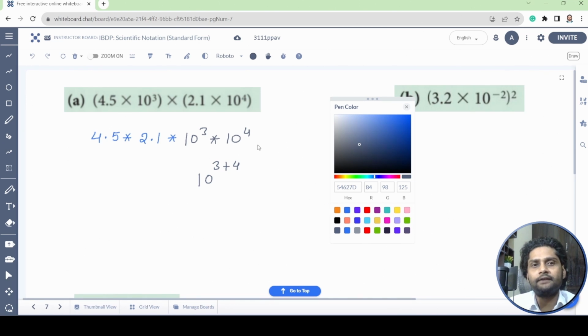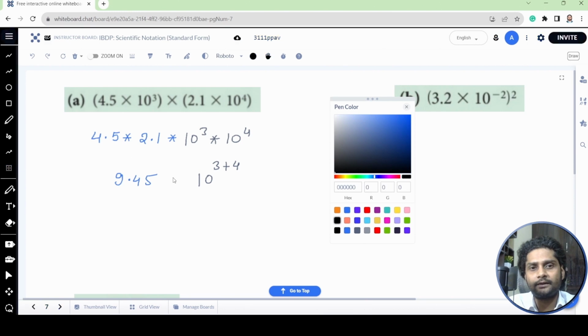And we can multiply 4.5 and 2.1. That's pretty simple. I'm going to use a calculator to multiply. You can even do it manually if you want. We get 9.45. This number already lies between 1 and 10. Let's suppose if the number wasn't lying between 1 and 10, then we would have further simplified it.